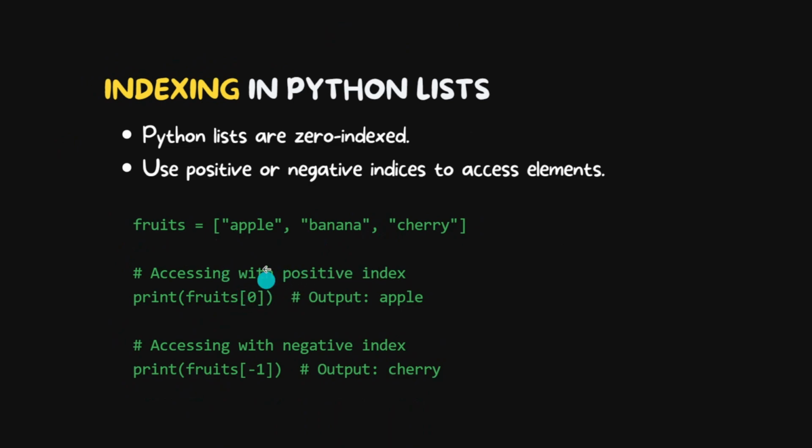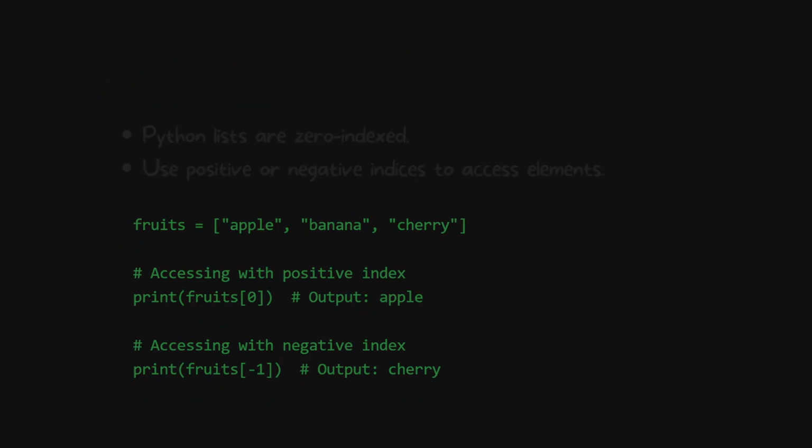The indexes will be 0, 1, and 2. So fruits[0] will print the output apple, and fruits[-1], which is negative indexing, will print cherry, since negative indexing accesses elements from the end of the list. This feature is extremely useful when working with specific elements in a list.